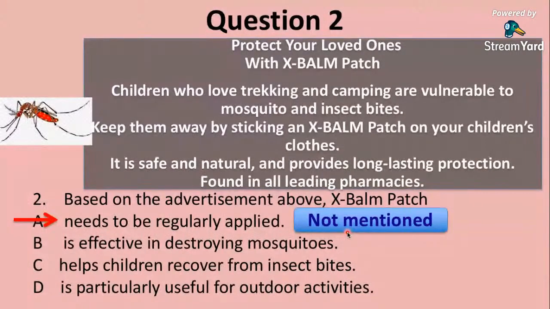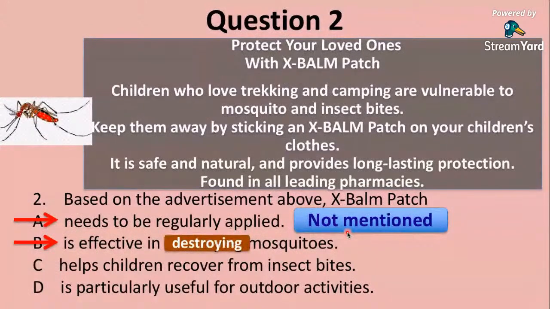So take note, that's how the SPM people say they are not responsible sometimes, because they ask you to pick the best answer, not the correct answer. Okay, so A is not mentioned. When it's not mentioned, I usually put it aside because it might still be the best answer despite not being mentioned.